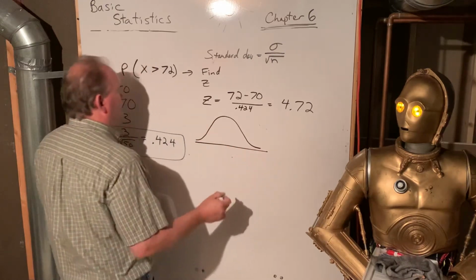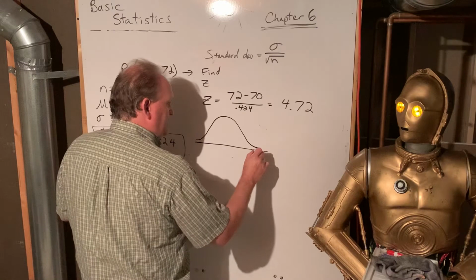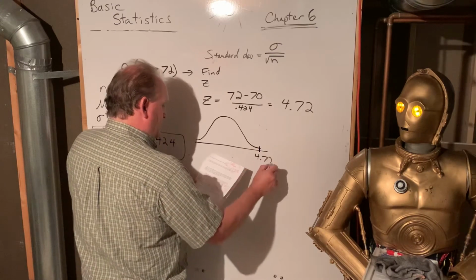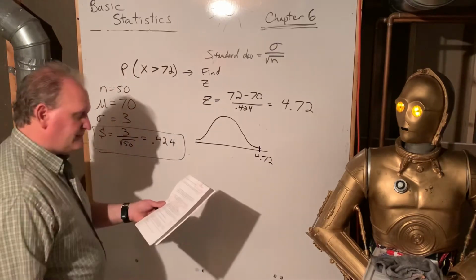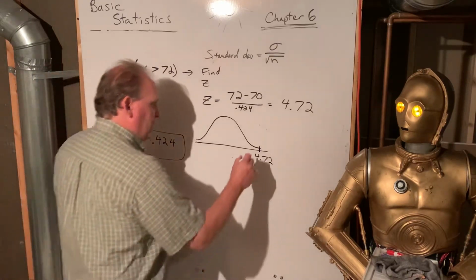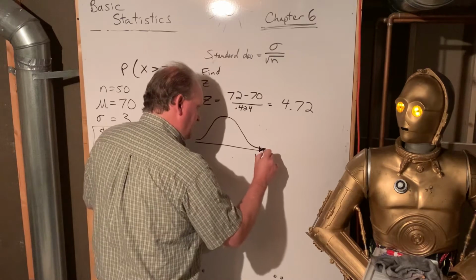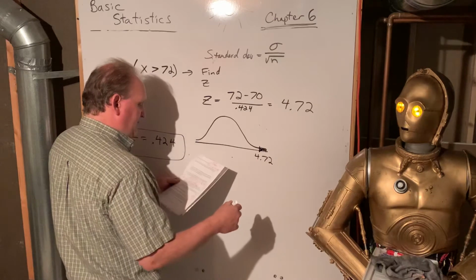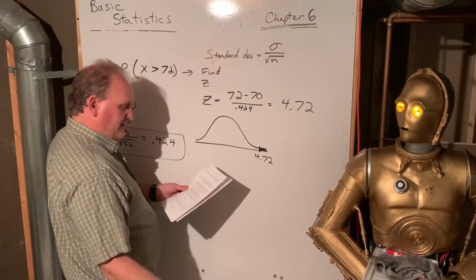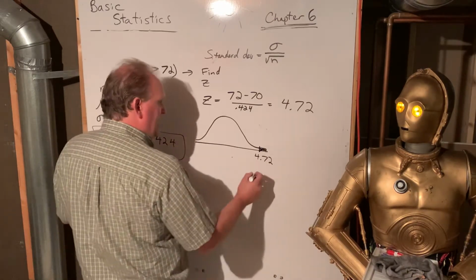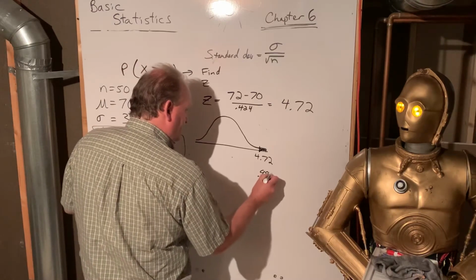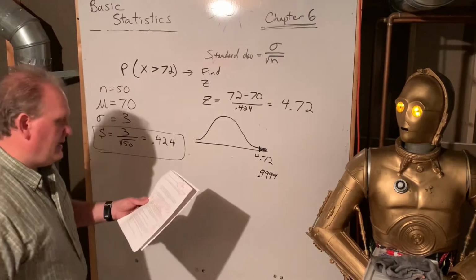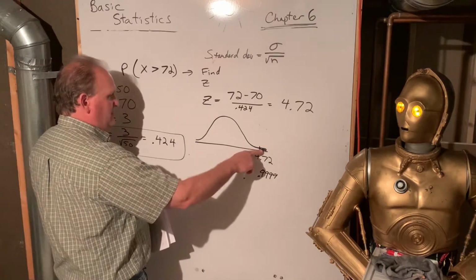There's our standard normal curve, and Z is all the way up here, 4.72. So remember on our chart, they want above that. On our chart, we look up 4.72, well, it stops, and so we just default to 0.99999. But that doesn't look like 99.9%.